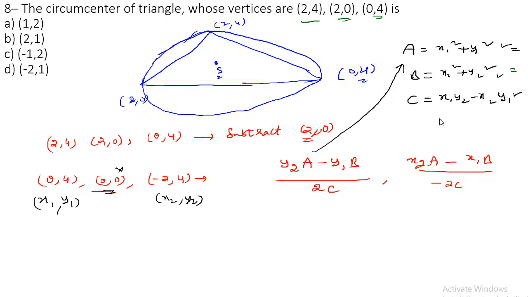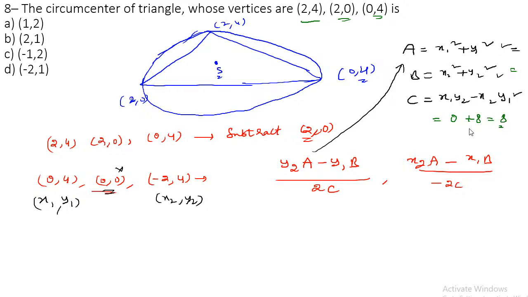Similarly, c, x1 into y2 is 0 minus x2, minus 2 into 4, which is 8. So this is 8.